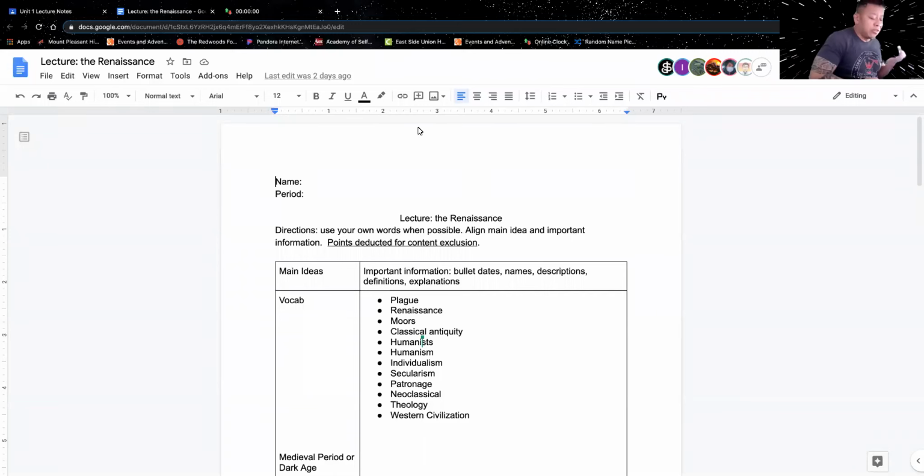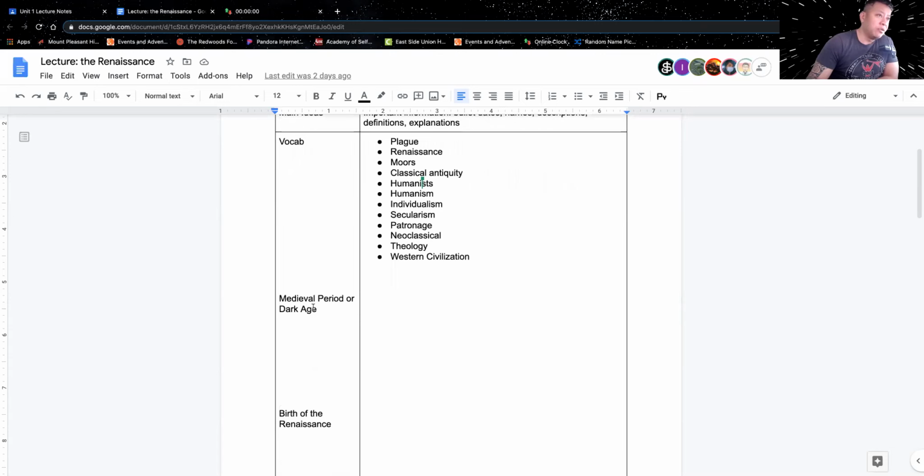Okay, so during the lesson, I'm going to have you look at the shared screen because I have some pictures to show you. I'm going to begin the lesson with an explanation of the vocabulary that will help you comprehend the lesson. And then I will talk to you about the medieval period or the Dark Age.